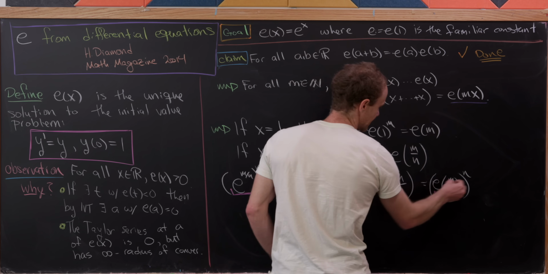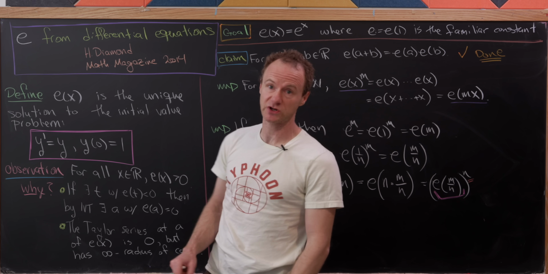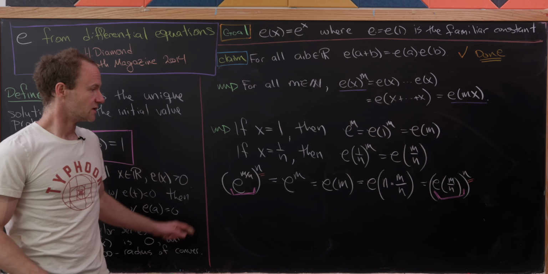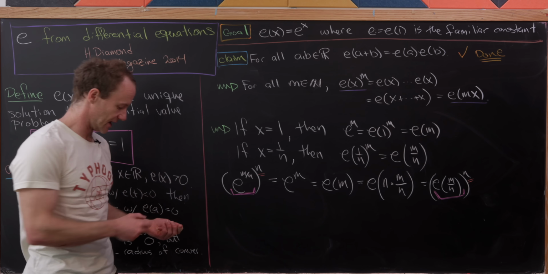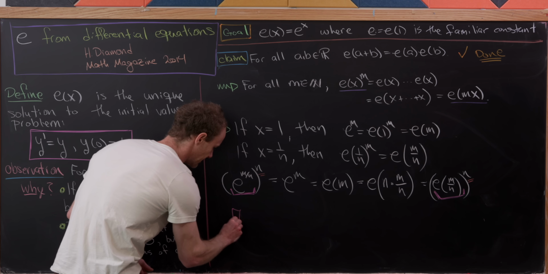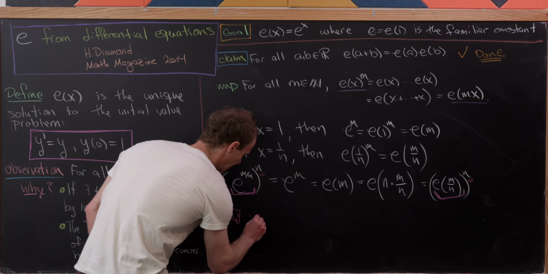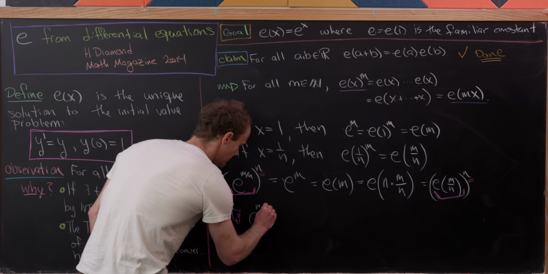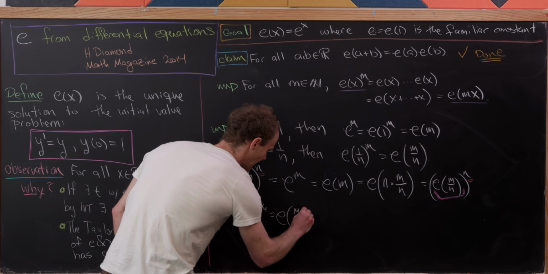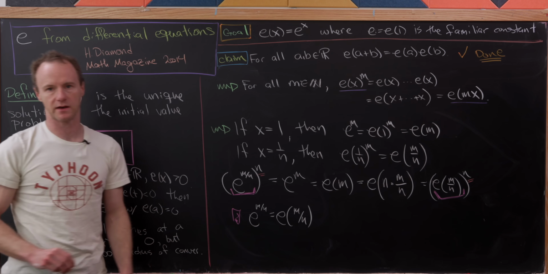Now, you might say, well, that doesn't guarantee equality of those two magenta underlined things, but it does in the case that they're positive, which they are. So since they're positive, those two magenta underlined things are equal, and we have e to the m over n is equal to e evaluated at m over n.